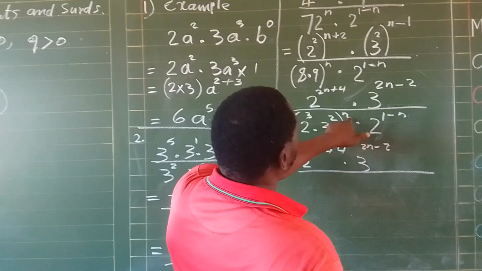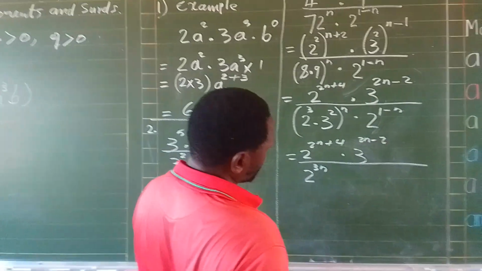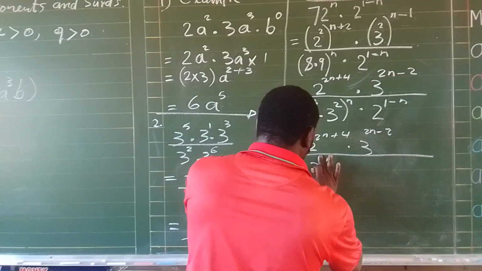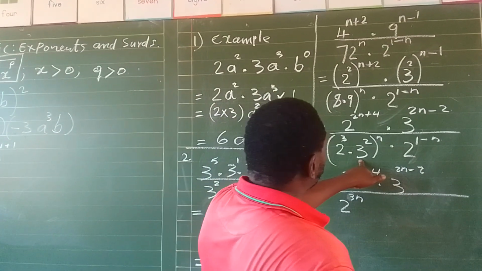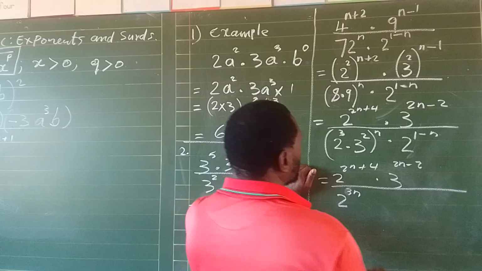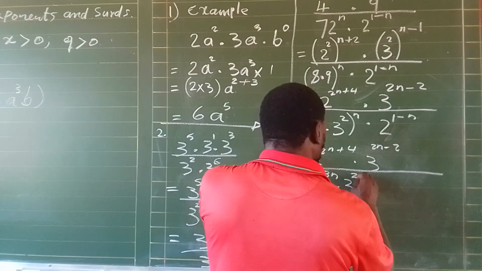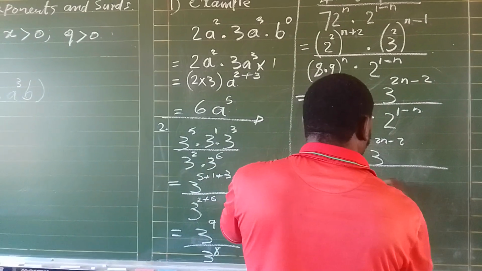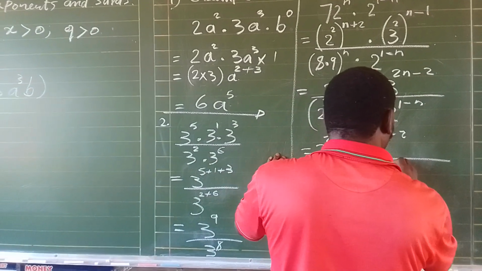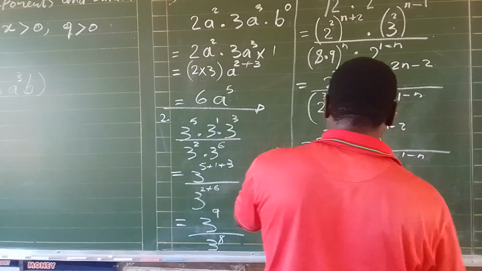2 to the power 3 times n is 2 to the power 3n. 3 multiplied by 2 to the power n is the same as 3 to the power 2n. Multiplied by 2 to the power 1 minus n.